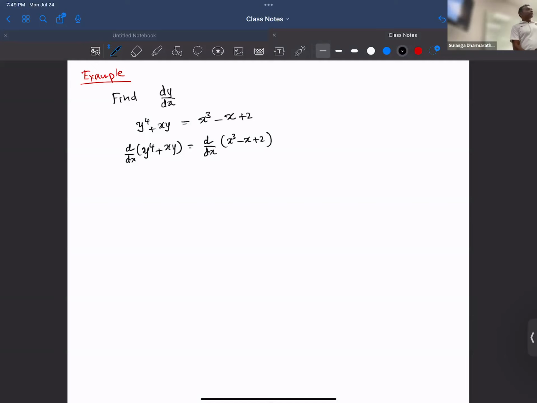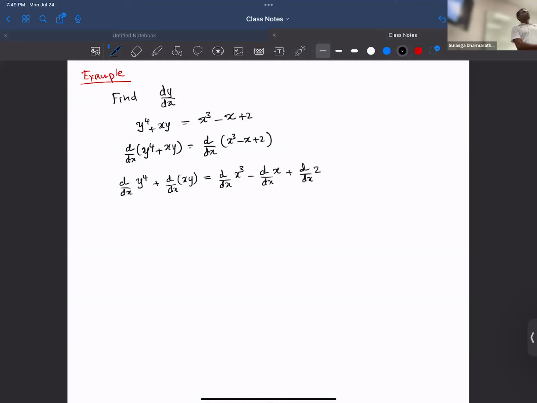You have summation. So I'm going to use some rules first, one at a time, piece by piece. d over dx of y to the power 4 plus d over dx of x times y equals d over dx of x cubed minus d over dx of x plus d over dx of 2.